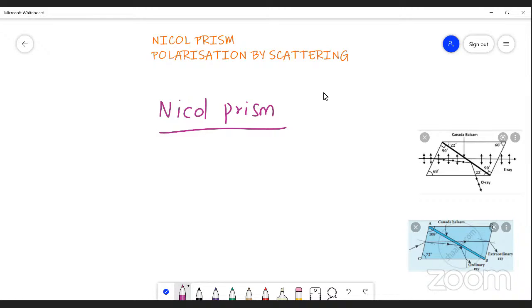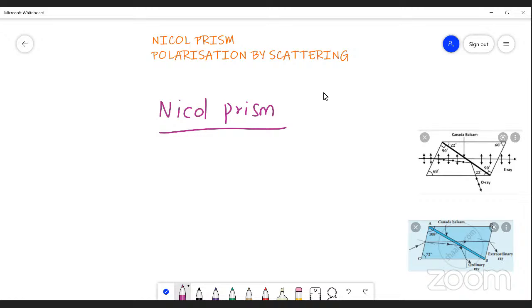Plane polarized light is nothing but completely polarized light in a particular direction. The main principle of the Nicol prism is double refraction.